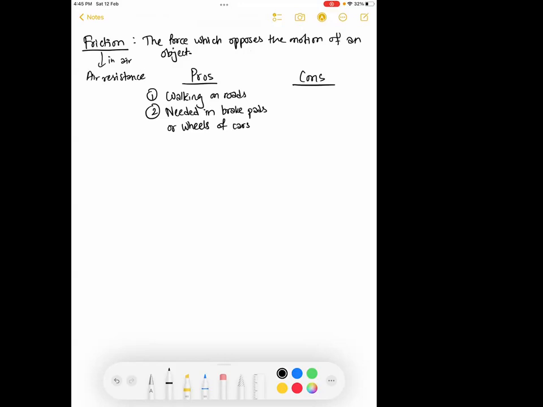What about cons? It wears down machineries, wears down moving parts of machineries.